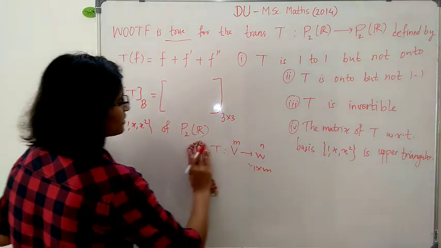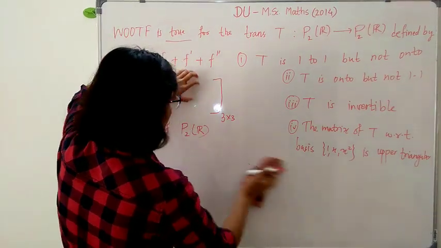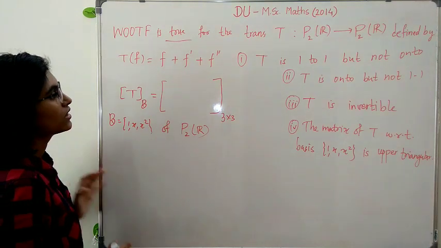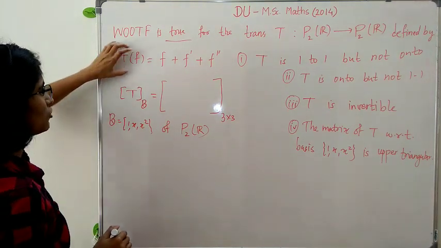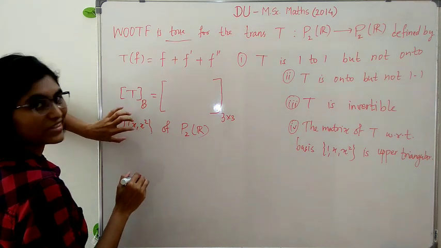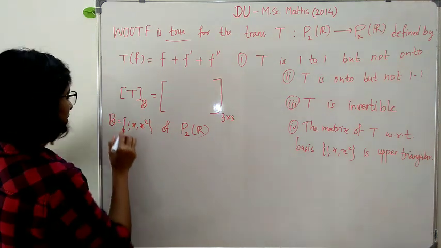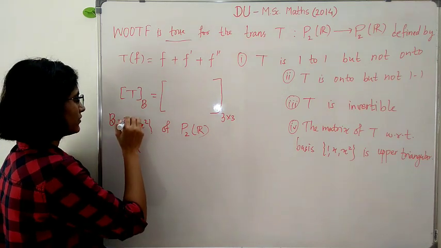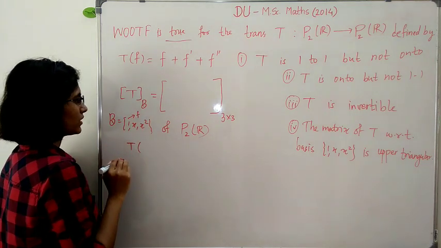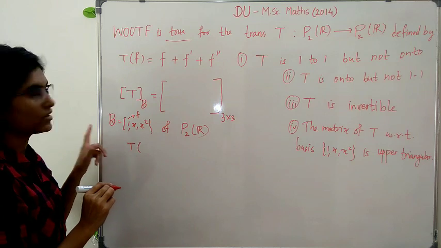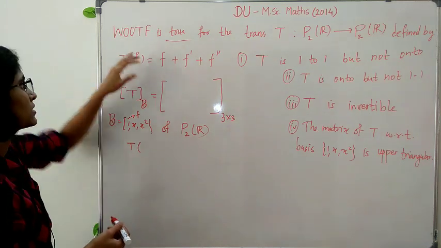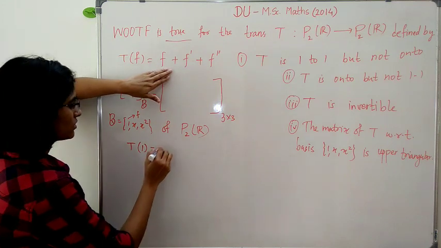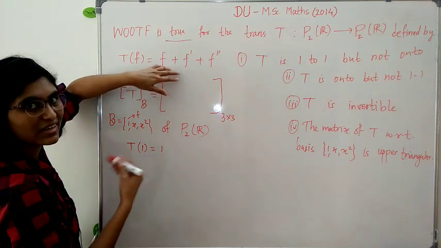Now let us find out the entries of this matrix. So how to find these entries? Just apply the definition of T of f. So we have fixed this B, right? So first element is just 1. Now I will call this f equal to 1, right? These are functions or polynomials. So this is just equal to T of 1. Now f means 1 itself, f dash means the derivative of f.